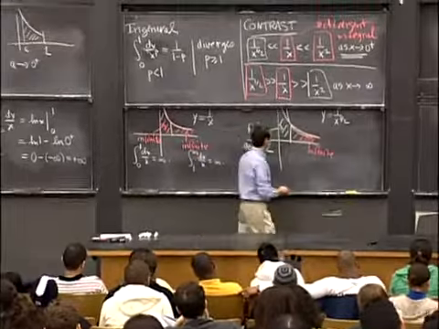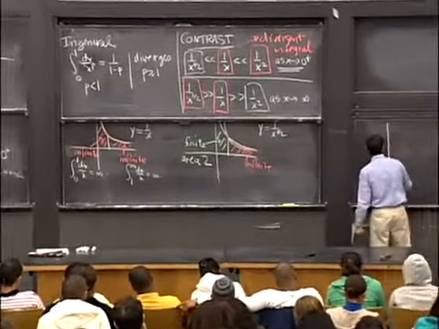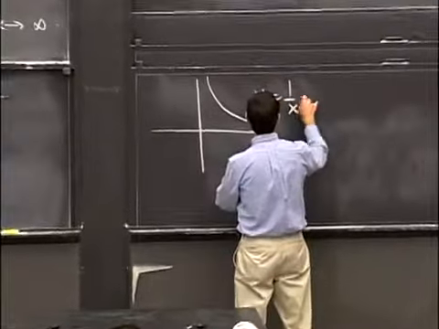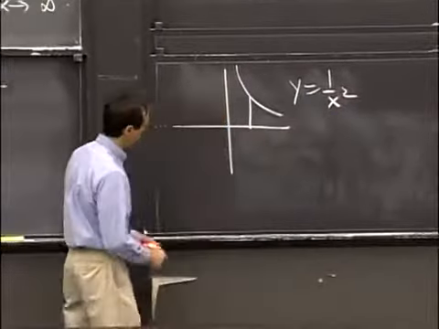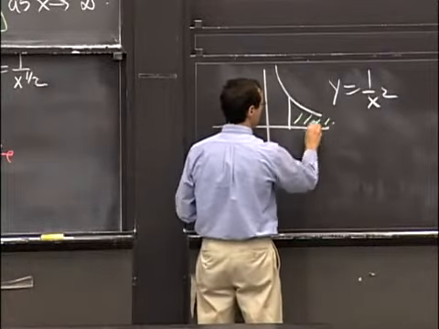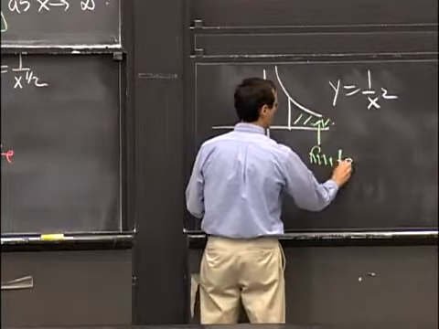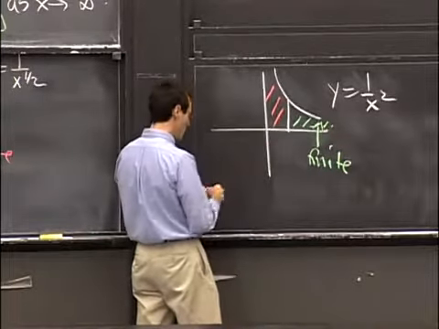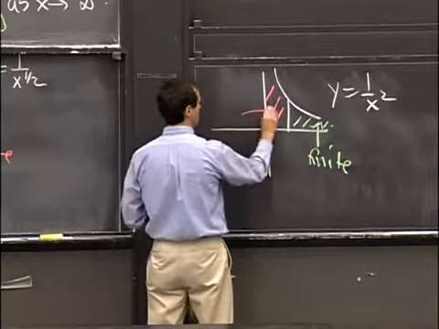Let me repeat that idea over here in this sort of reverse picture with y equals 1 over x squared. If I chop that in half, then the good part is this end here. This is finite. And the bad part is this part here, which is way more singular and is infinite.